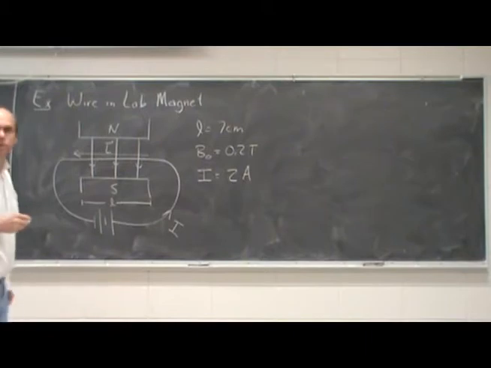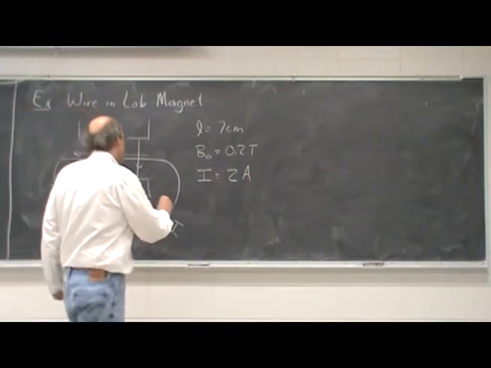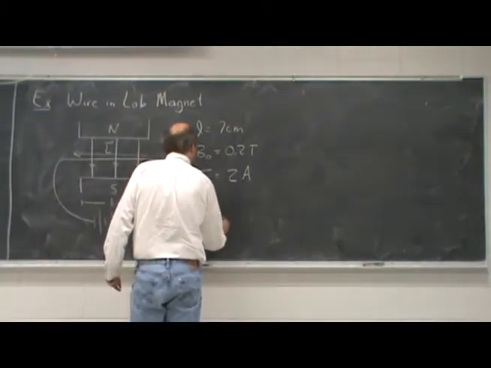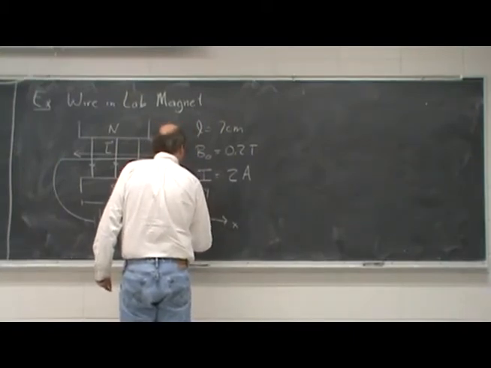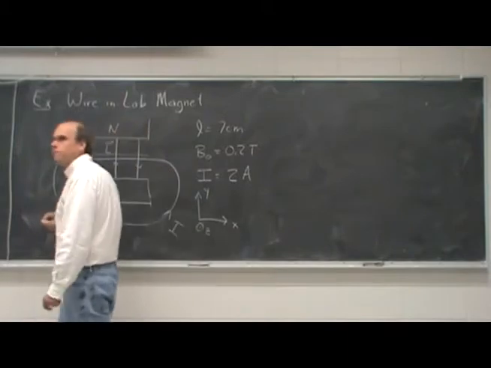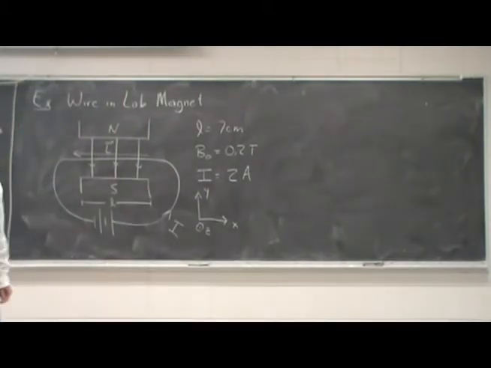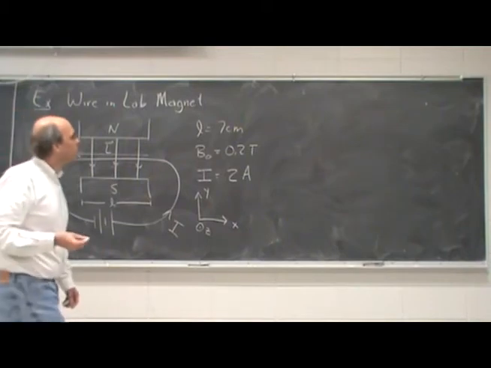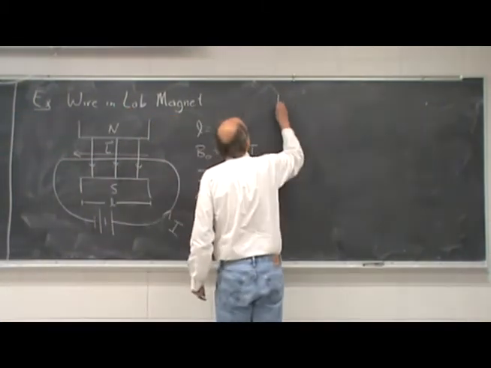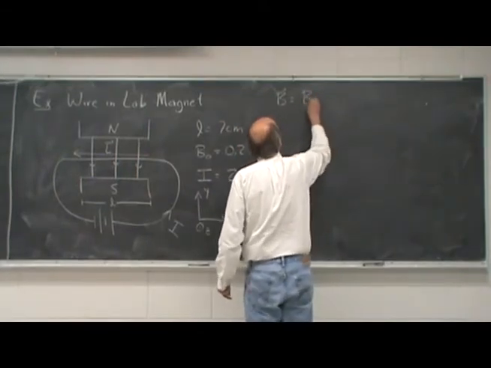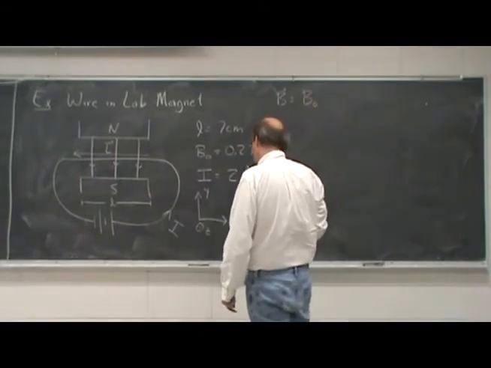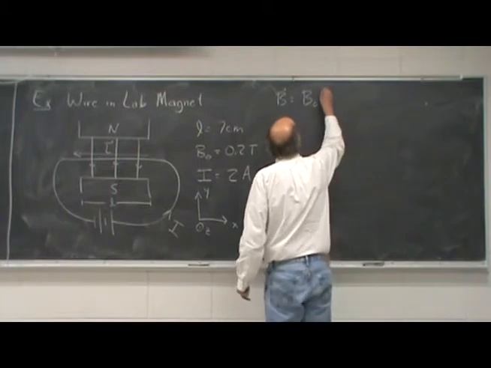I need to introduce a coordinate system, so let's use the one we have been using: X, Y on the board and Z on the page. All right, so now I'm going to write out B and L in vector form. The vector B is B naught, its magnitude, and it points in the minus Y direction.